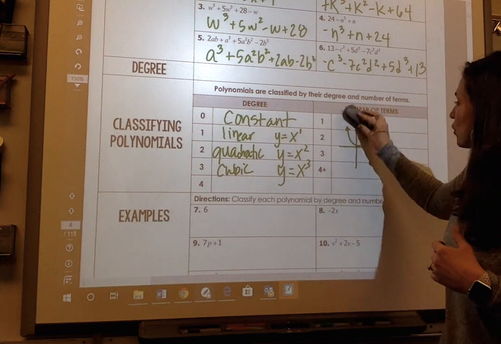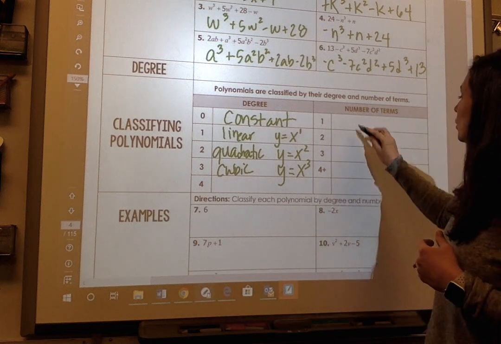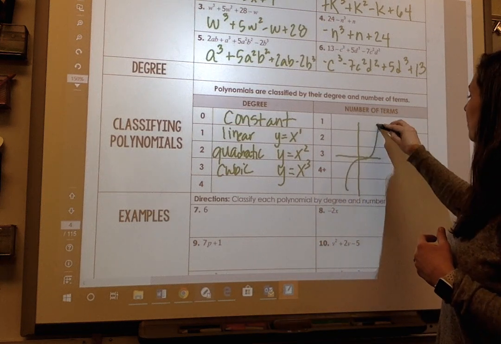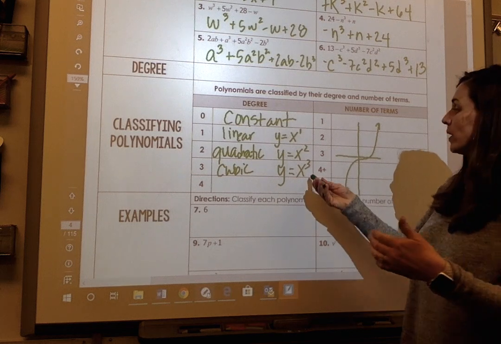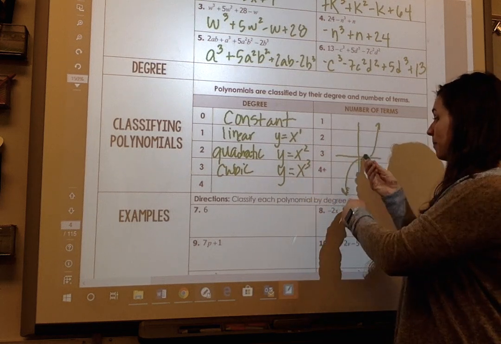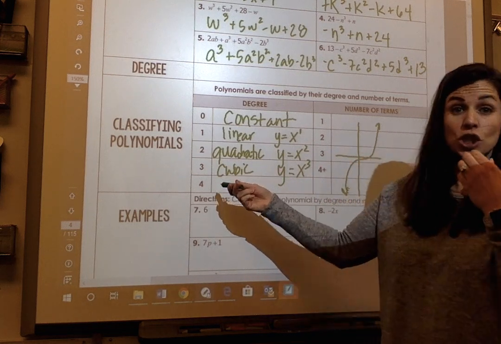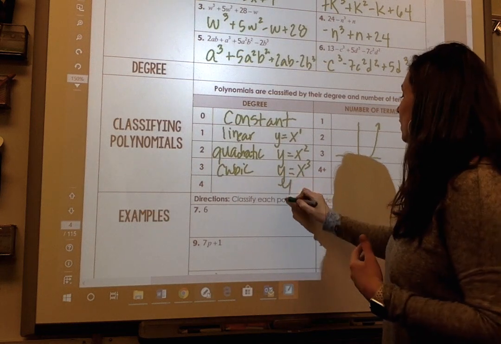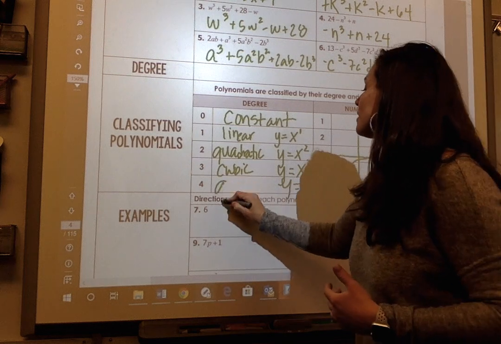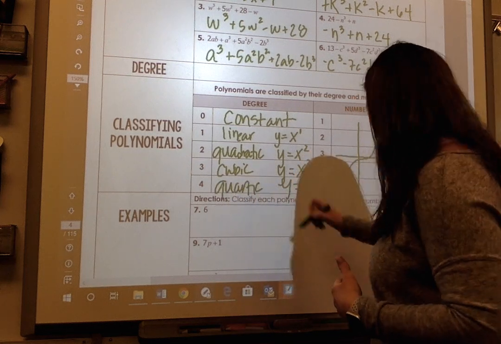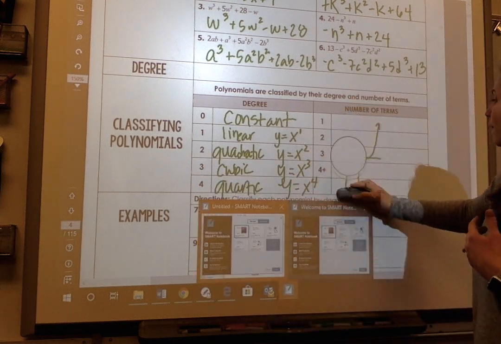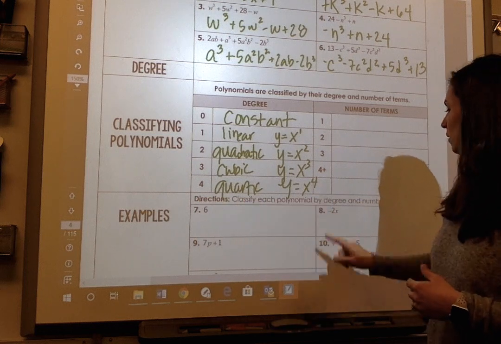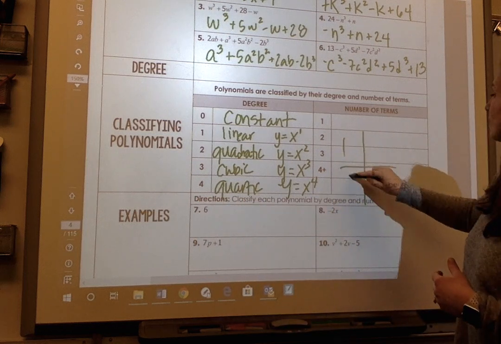And a cubic function on a parent graph looks like this. So when it's to the x to the third degree, it makes this shape, and that's called cubic. When it is to the fourth degree, that's quartic. And a quartic parent graph looks like this.